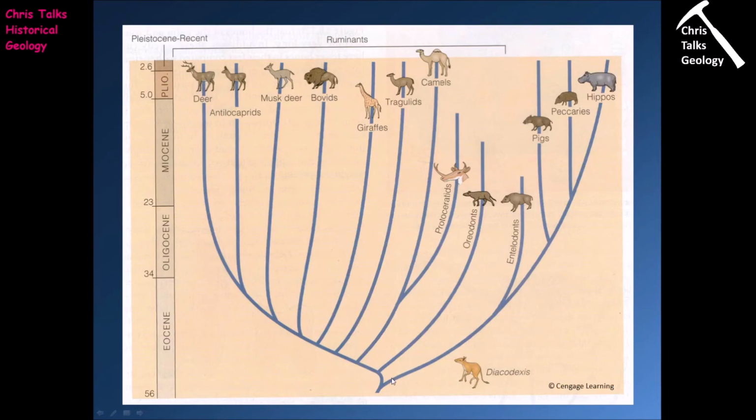Now you'll also see that we have another lineage here that gives rise to the Oreodonts, and then we have another branch that comes off over here to the right, and this gives rise to groups including the pigs and the hippos. Now the interesting thing about this particular branch is that the animals along here aren't exclusively herbivores. There's also some omnivores mixed in there as well. So I'm sure you probably know that pigs will eat both plant matter and meat, but it's a little known fact that hippos will also eat meat on occasions.